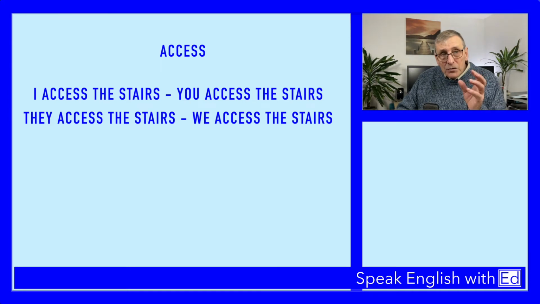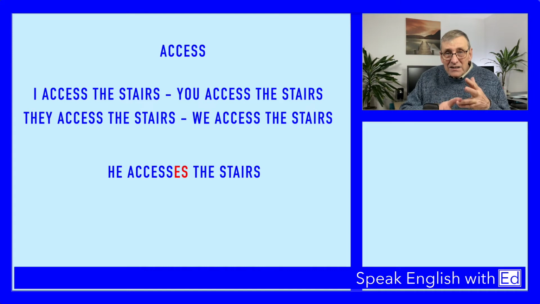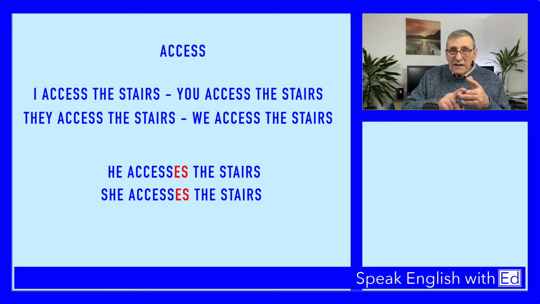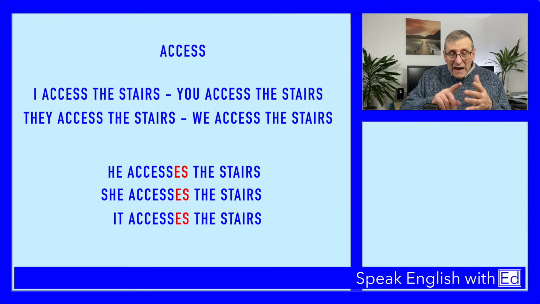But when it comes to he, she and it, you say he accesses the stairs, she accesses the stairs, it accesses the stairs. You must add es on the end.